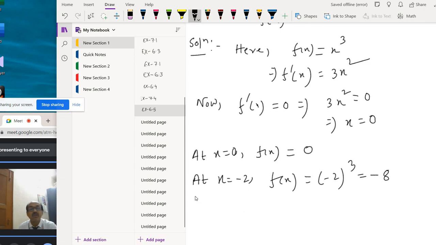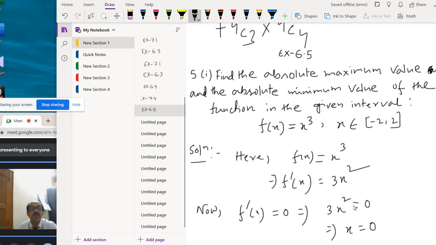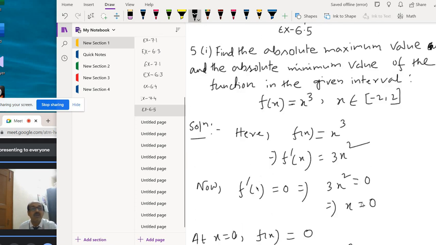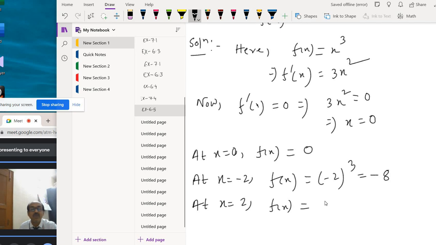Now at x equal to 2, because the interval is [-2, 2], f(x) equal to 2 cube equal to 8.